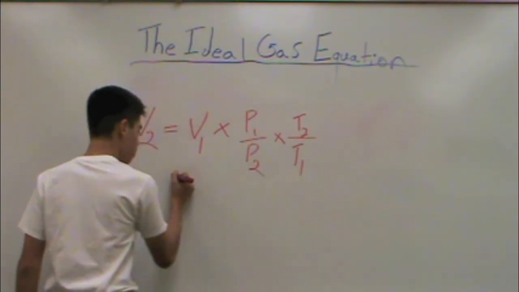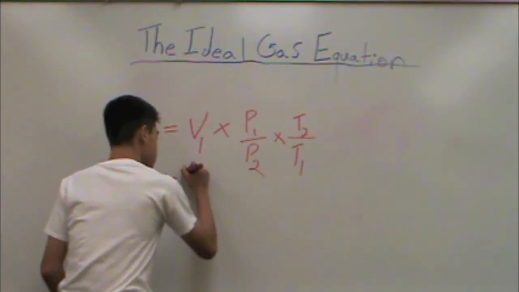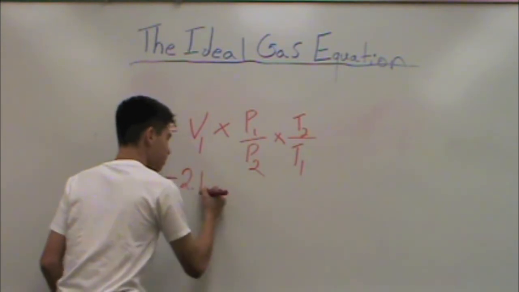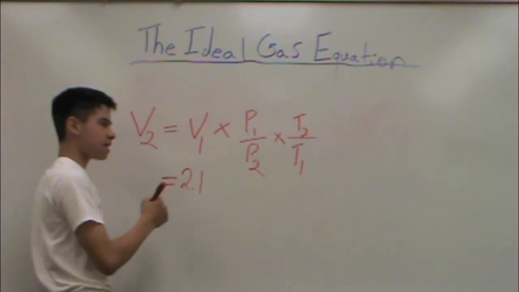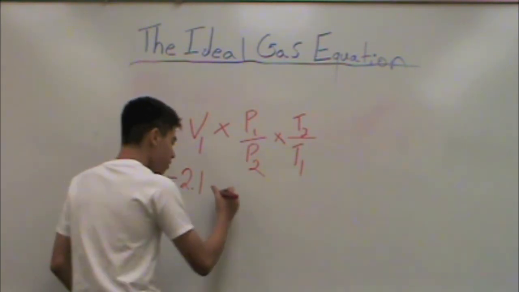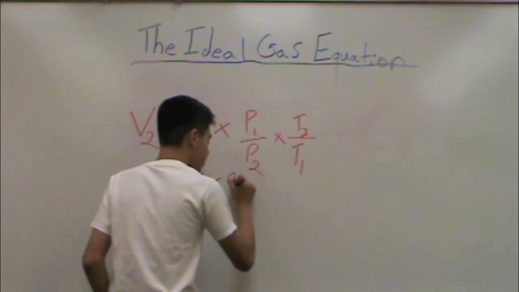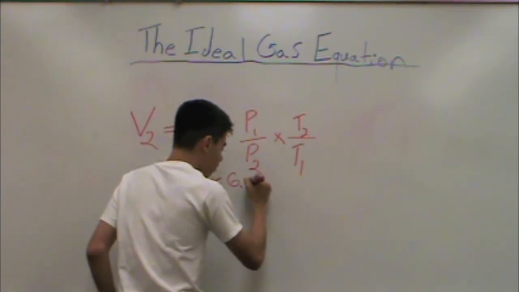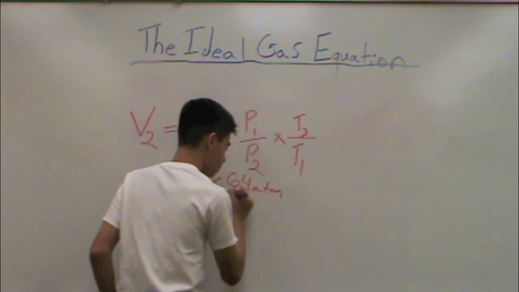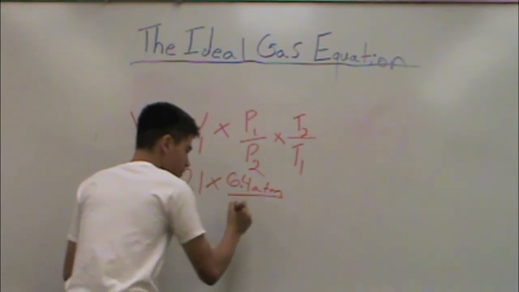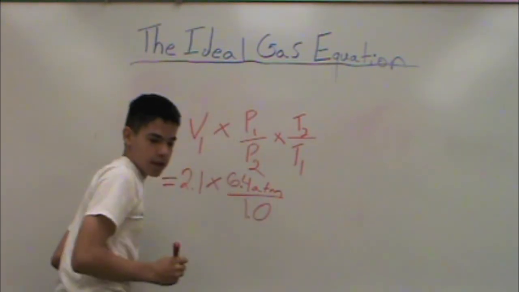So using the same equation, the initial volume for our problem was 2.1 milliliters. Once again, I'm going to omit the units just because it takes up too much space on the board. Times our initial pressure, which is 6.4 atm, over our final pressure, which is going to be 1 atm.